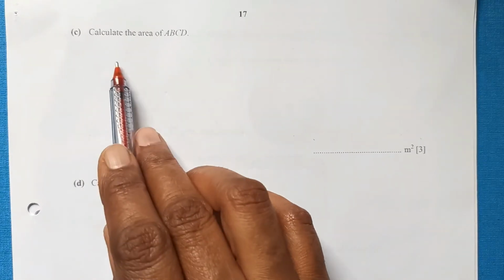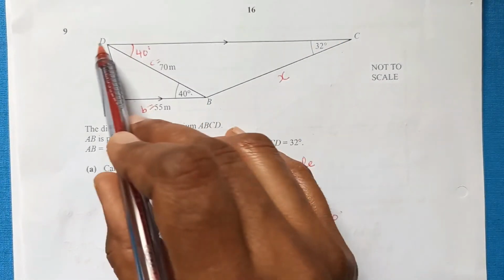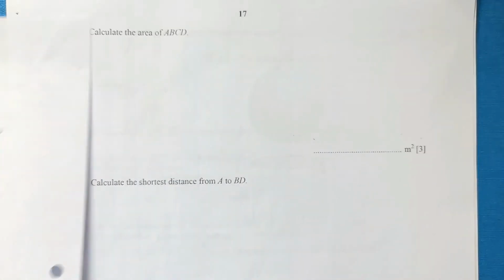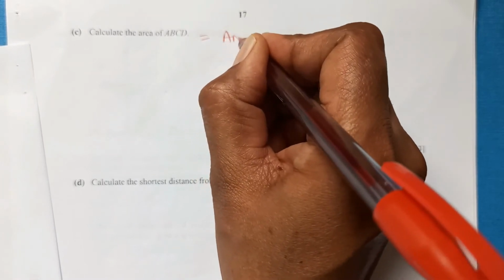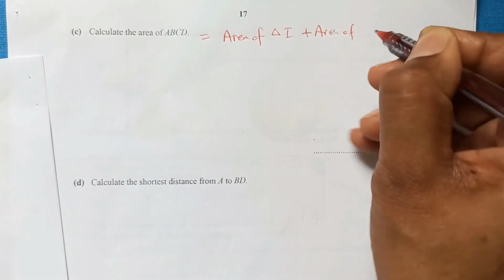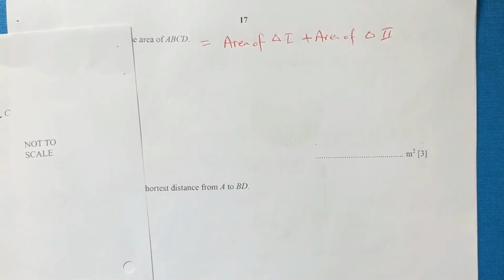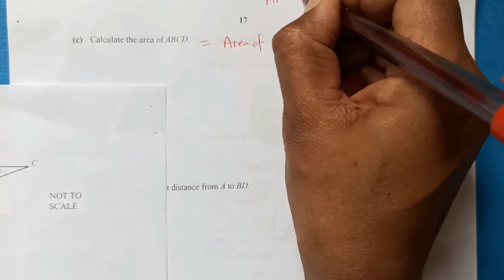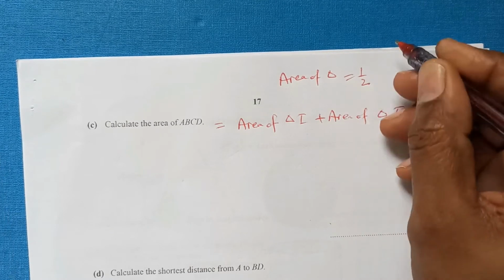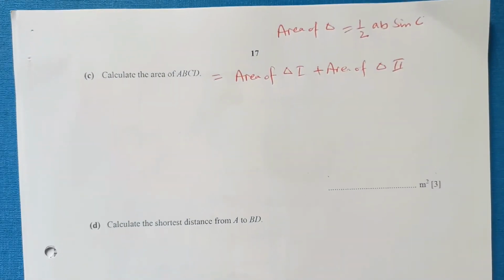Part C, calculate the area of ABCD. Now if you see ABCD, this trapezium consists of triangle 1 and triangle 2. So area of trapezium equals area of triangle 1 plus area of triangle 2. We can use the formula area of triangle equals half AB sine C. For both of the triangles we will use the same formula.